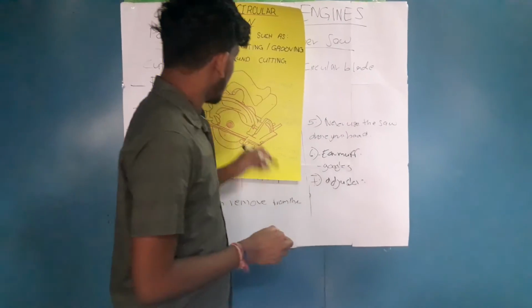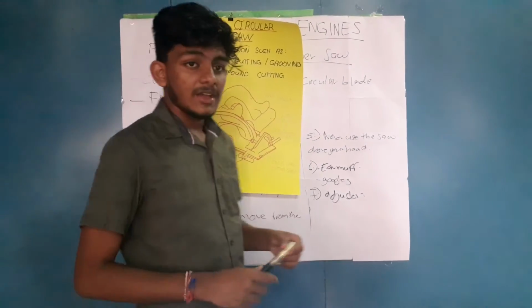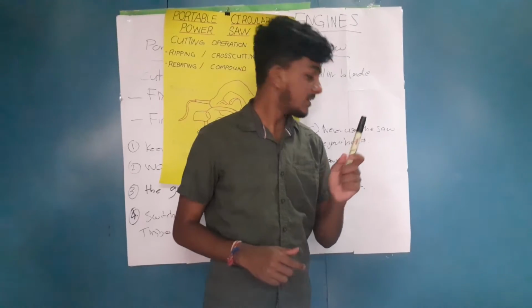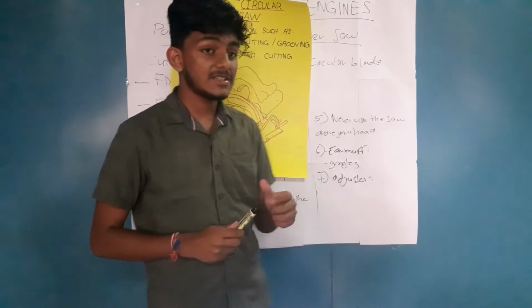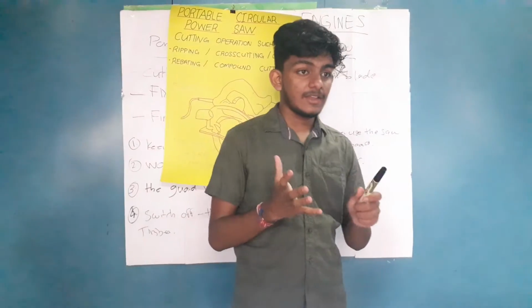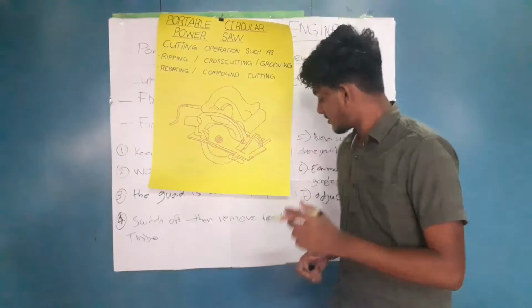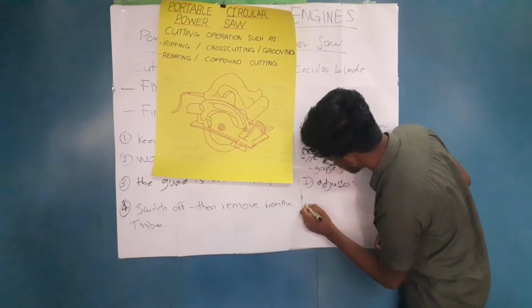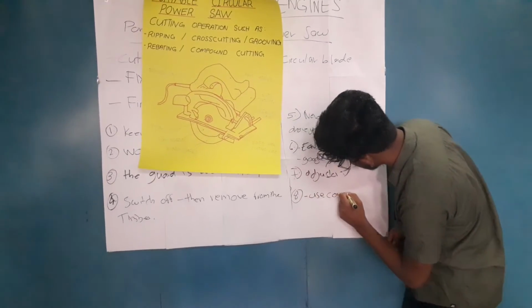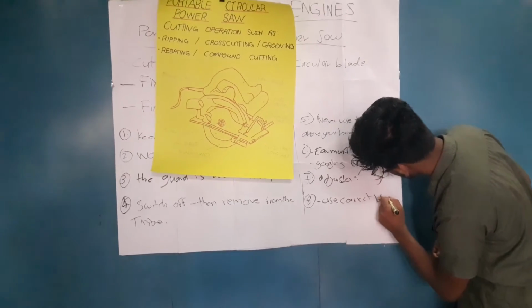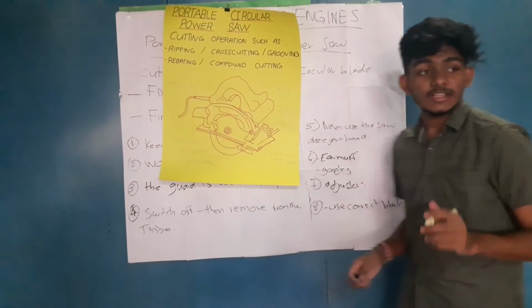Basically, since we have done this, there's one more thing that is important in the safe operation of circular saws. That is the usage of blades. Use the correct blade.